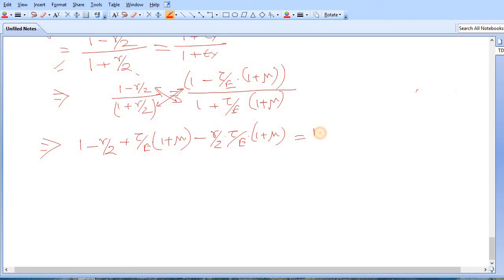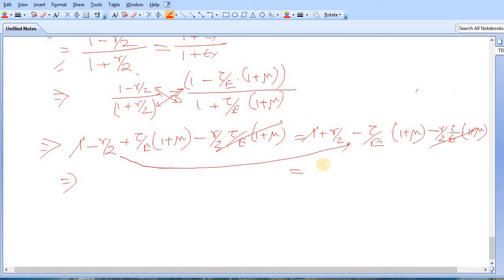We are getting 1 plus gamma by 2 minus tau by E into 1 plus mu minus gamma by 2 tau by E into 1 plus mu, and here you can cancel out these two, also the 1 from both sides, and here bring the gamma by 2, so you are getting gamma by 2 plus gamma by 2, and on this side bring this one, you are getting 2 tau by E into 1 plus mu.